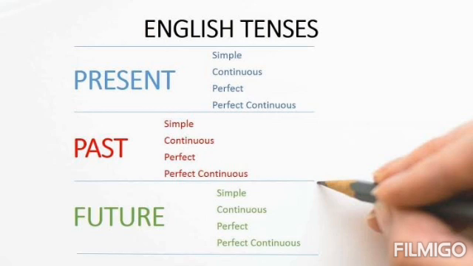Next set, we are going to the future set. In future also, there are four different forms. Likewise, what we have seen in the present and in the past, future also has the same four types. And the first one is simple future.